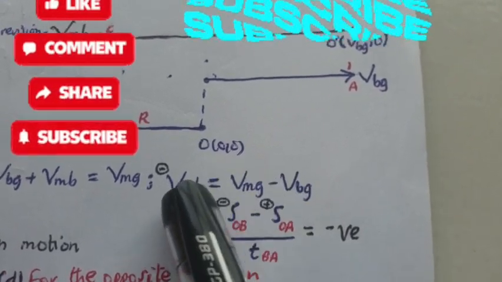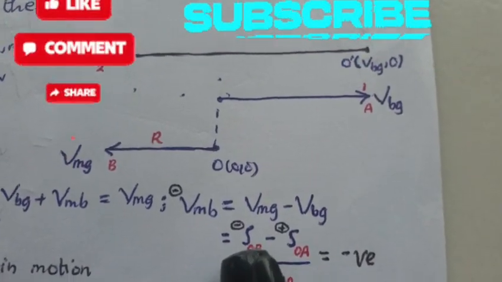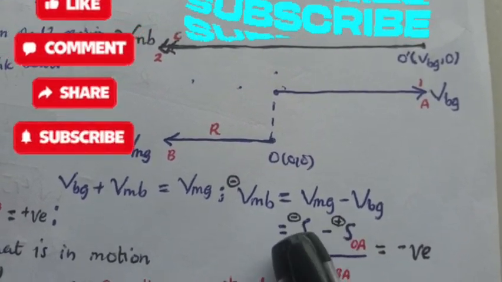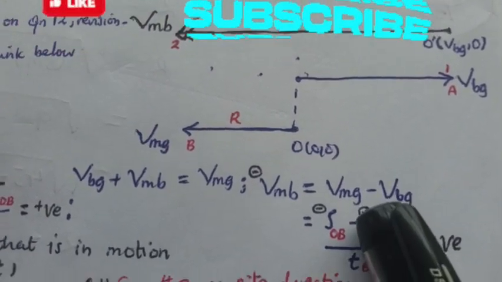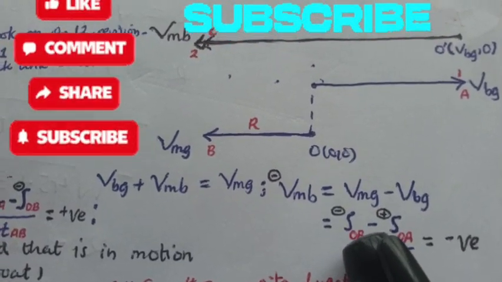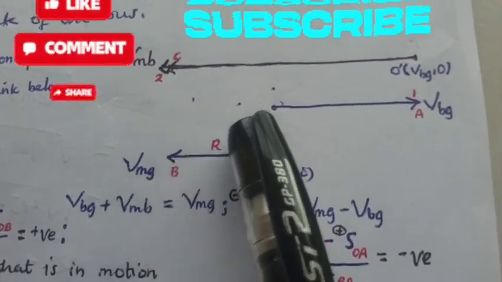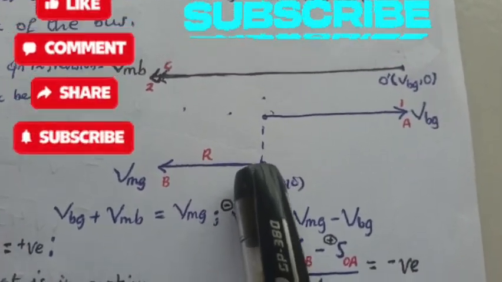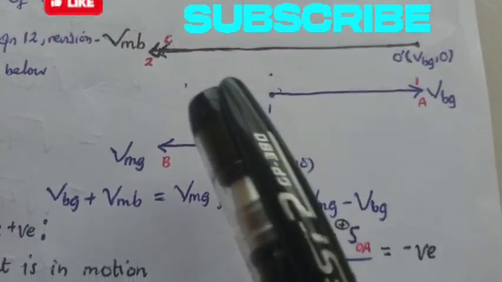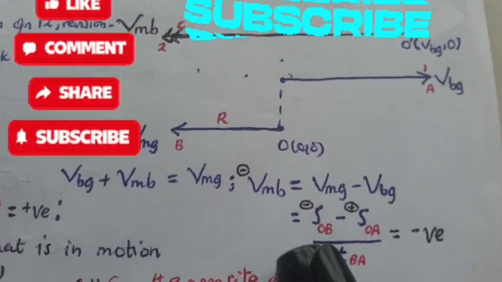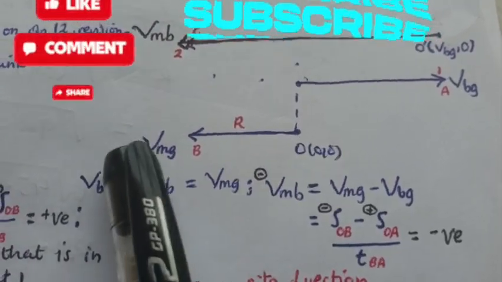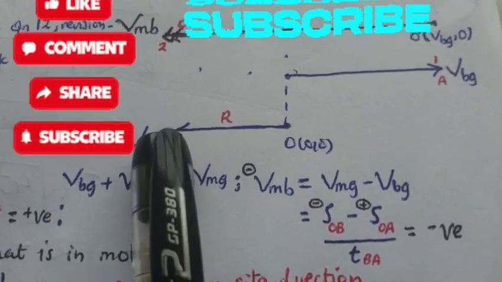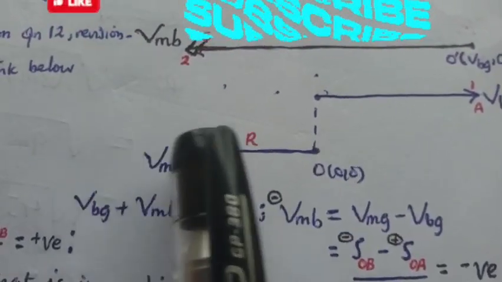We justify this by using displacement. For the resultant displacement, we take the final position minus the initial position, then divide it by time. From our projections of vectors from the set of axes, our initial position is OA and our final position is OB. That's why we subtract OA from OB. But remember, OB is negative because it is projected towards the left.